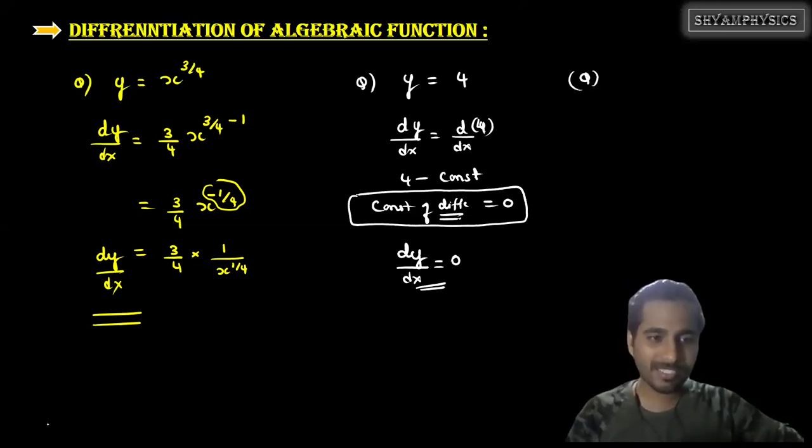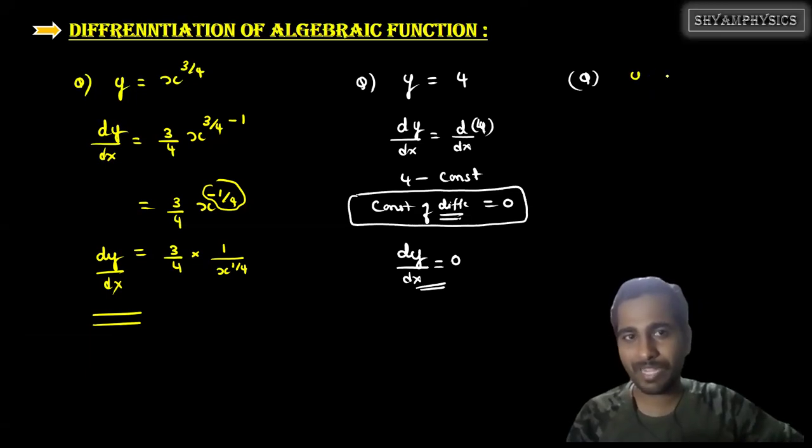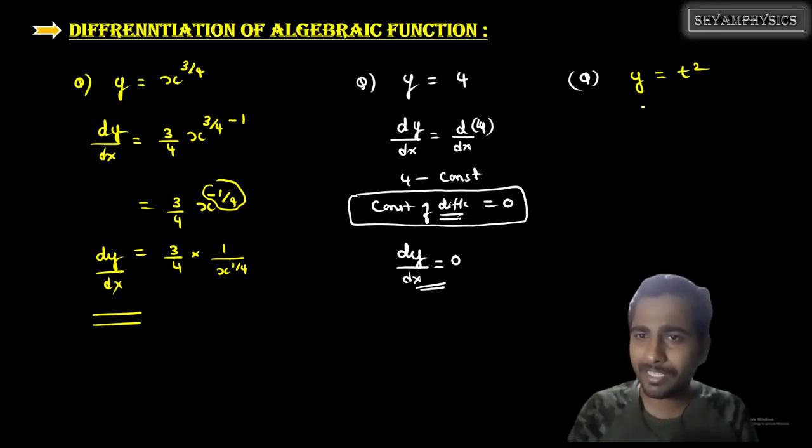Okay. Question says here, for example, y is equals to t square. Might be t is also a function. Now again, we need to differentiate this with respect to x.